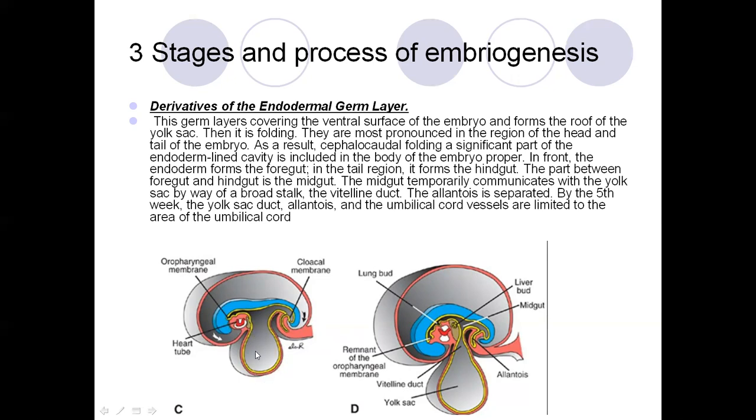This part becomes yolk sac endoderm. This part becomes the embryonic part of endoderm, and inside the embryo this part of endoderm forms a primary gut: foregut, hindgut, and midgut. This primary gut is the future gastrointestinal tract.